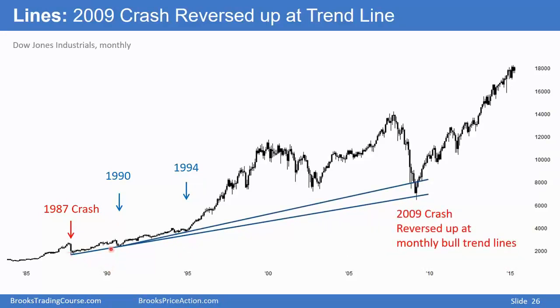Connect these lows. And just like the 87 crash bottomed at a bull trend line, the 2009 crash reversed at a trend line. And that is an important reminder to keep drawing lines, because every sell-off, no matter how strong, ultimately is going to reverse up, and it's always going to reverse up at a line.